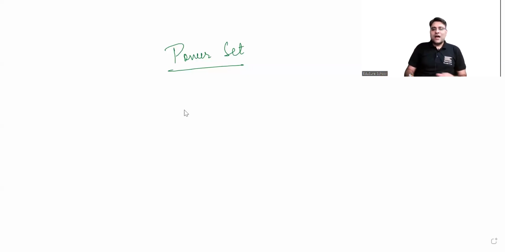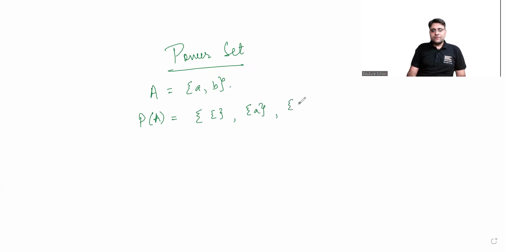If I have a set A containing two elements a, b, the power set defined as P of A is basically, firstly, the null set, which doesn't have any element. Secondly, taking exactly one element out of the two elements, so I'll get two sets like that, and a set which is the set A itself.